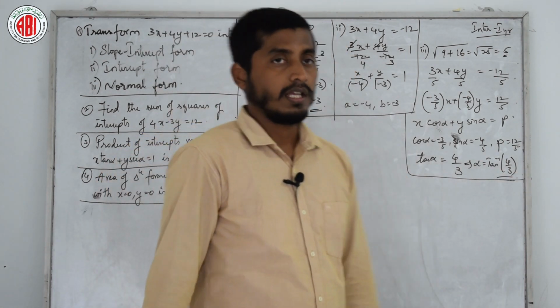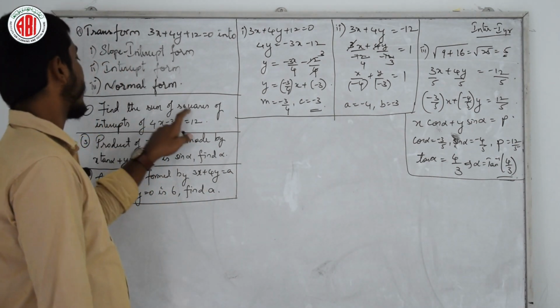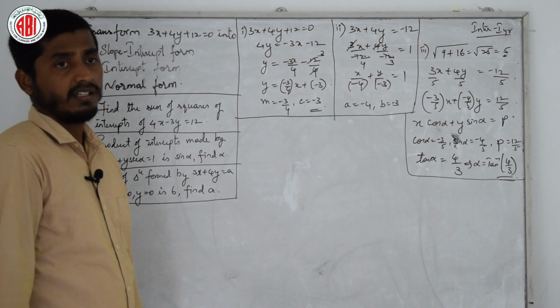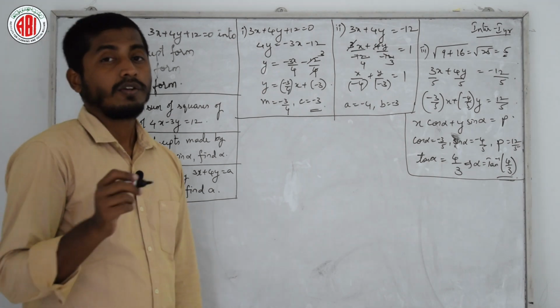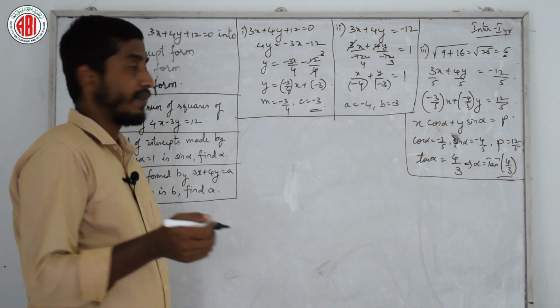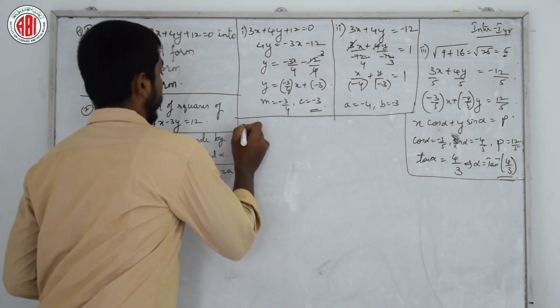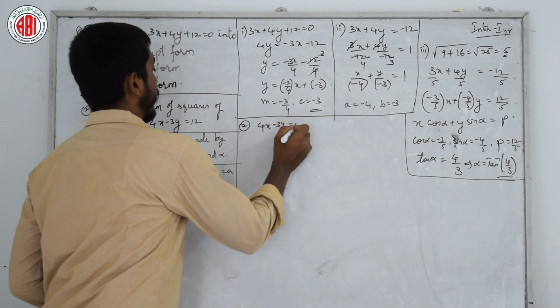Is it okay? Now let us go to the next problem, that is find the sum of squares of intercepts of this line. To solve that we need the intercepts of this particular equation first. Let us see that. 4x minus 3y is equal to 12.